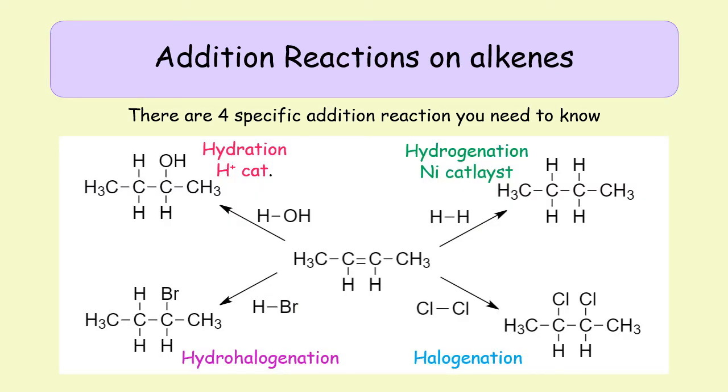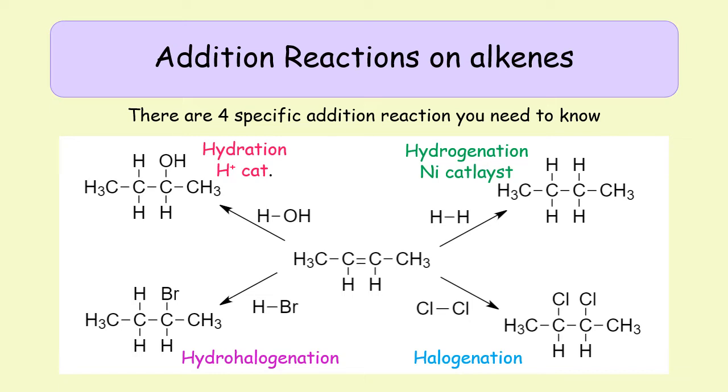So the first one, written in green, is hydrogenation. Hydrogenation means adding hydrogen, and it converts an alkene into an alkane. This is the only one you will not need to know the mechanism for, as it is done on a catalyst, a nickel catalyst, something known as Raney nickel.